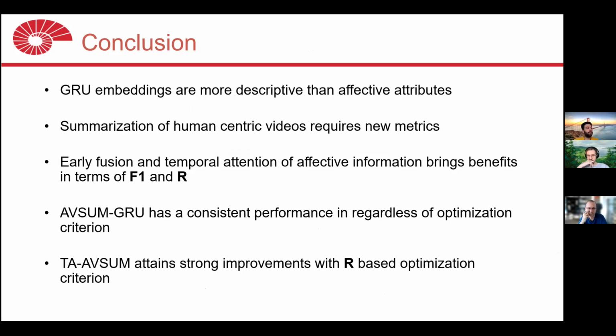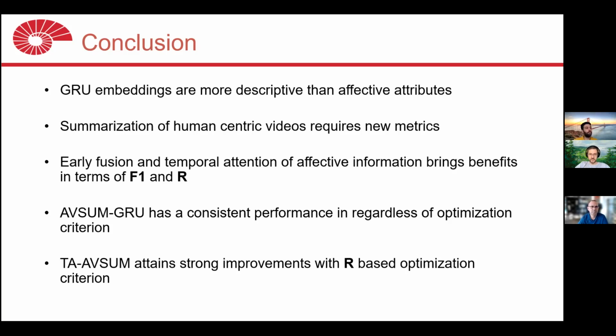And we have seen that summarization of human-centric videos requires new metrics, because with the newly defined metrics we have seen different behaviors there. Early fusion and temporal attention of affective information brings benefits in terms of F1 score and face recall.